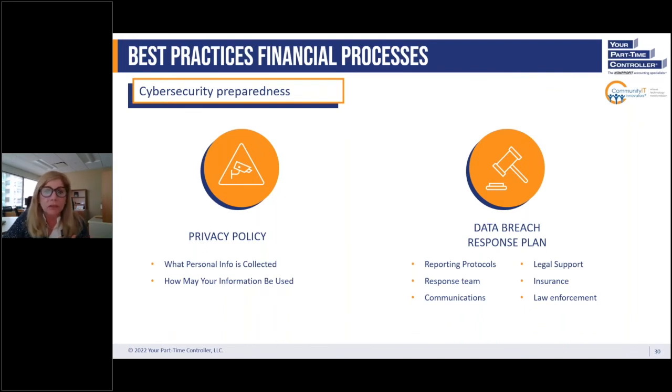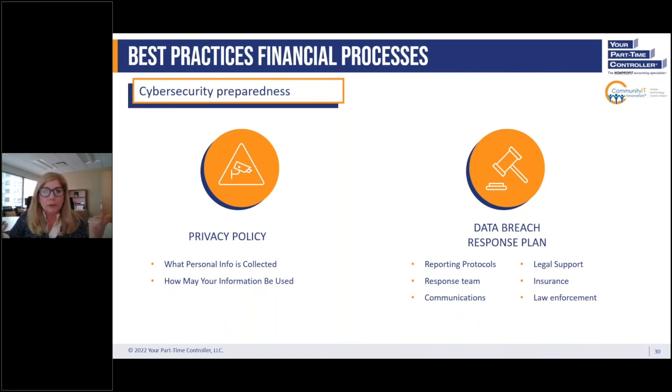What's your communication strategy to all the different stakeholders? Do you have legal support in place should a breach occur? What is your cyber breach insurance? Make sure that you understand that you have the proper coverage you need, and then also what is the plan to notify law enforcement.